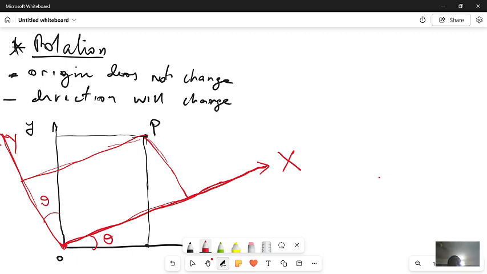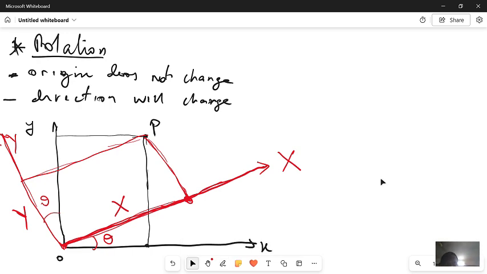Let's say, for example, here I have the value of y, and from here, the coordinate in the new plane has value of x.